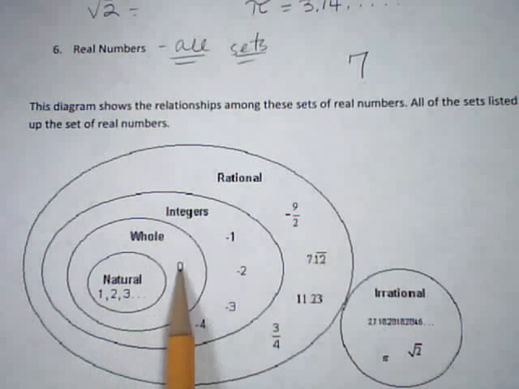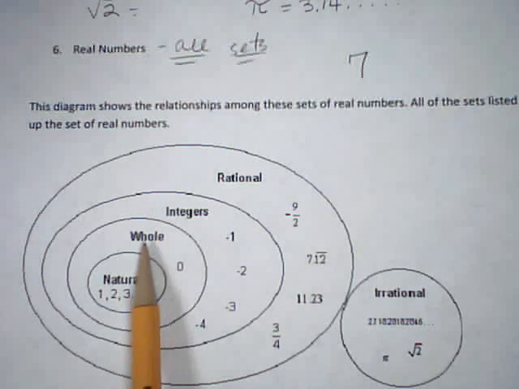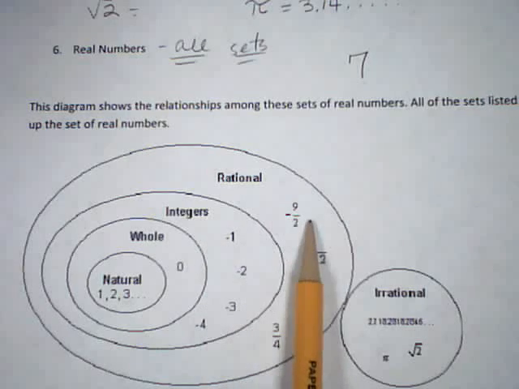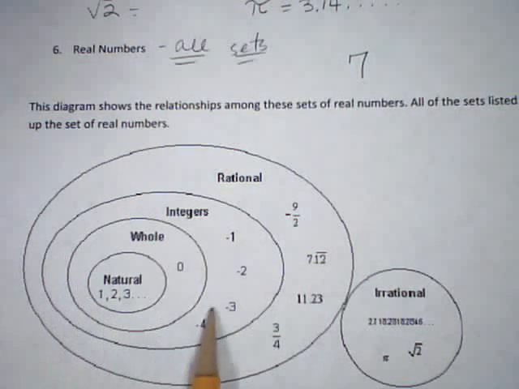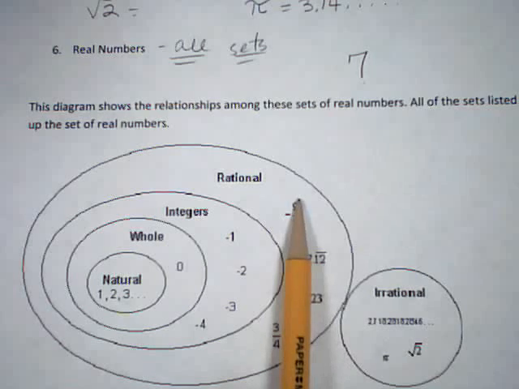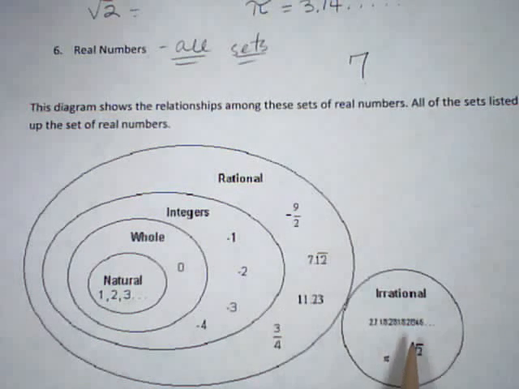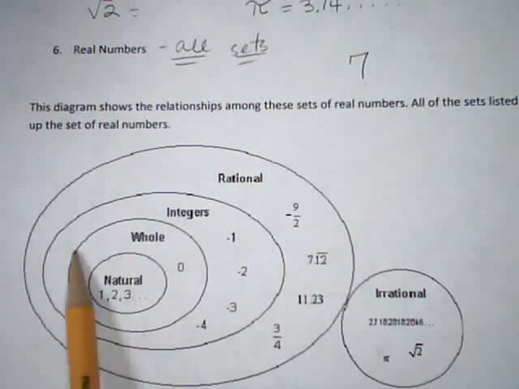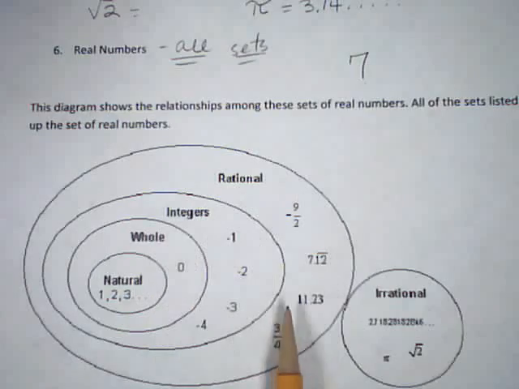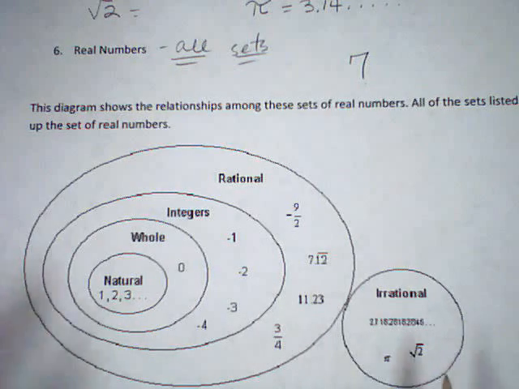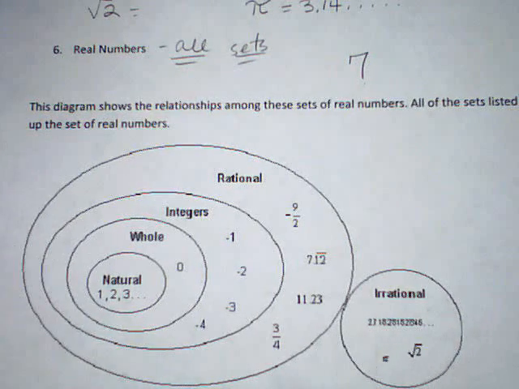If it belongs in the whole numbers, it's also going to be an integer and a rational. If it's an integer, then it's also going to be rational. And a number that's rational would not be irrational. That's why we have that set off to the side. And then all of these together are considered to be the set of real numbers.